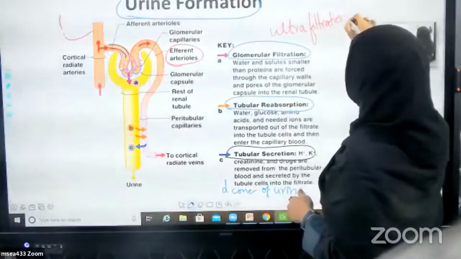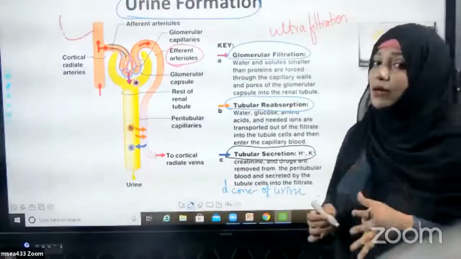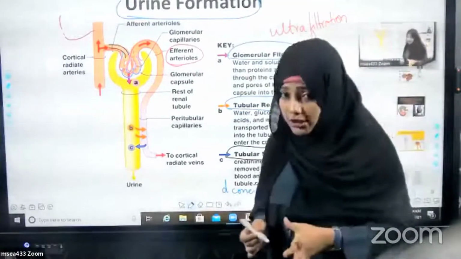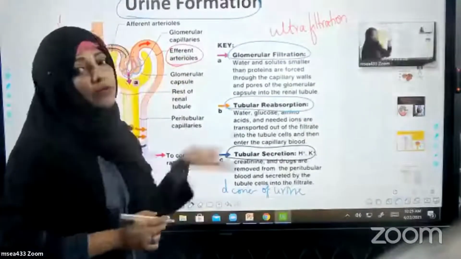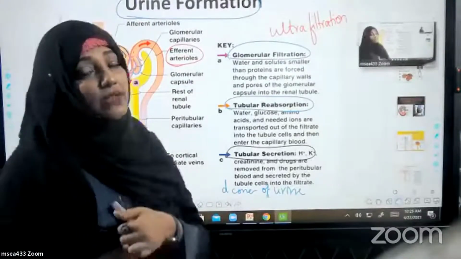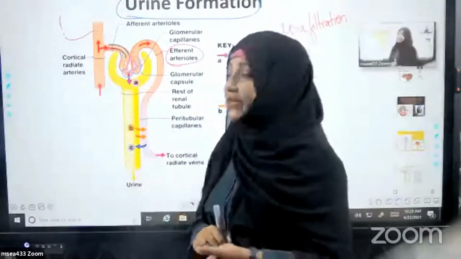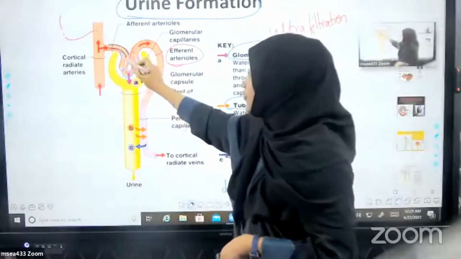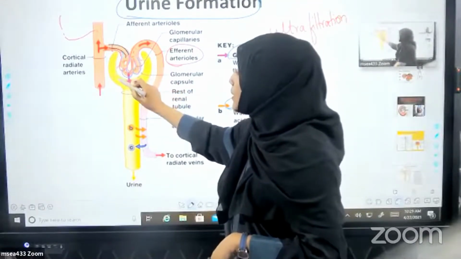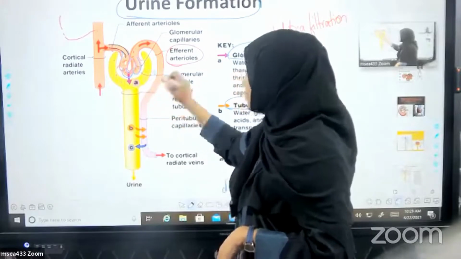So what is glomerular filtration? The blood flows from the afferent arteriole into the glomerulus. Due to the narrowness of the efferent arteriole compared to the afferent arteriole, pressure increases. Due to that, ultrafiltration occurs in the glomerulus, and the filtrate will move from the glomerulus into the Bowman's capsule.